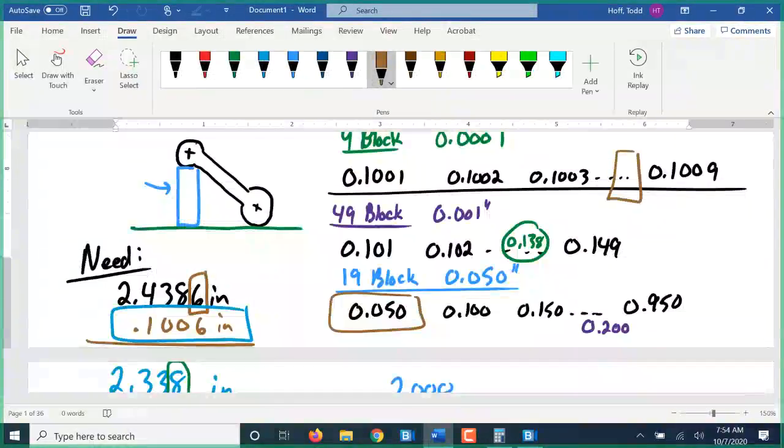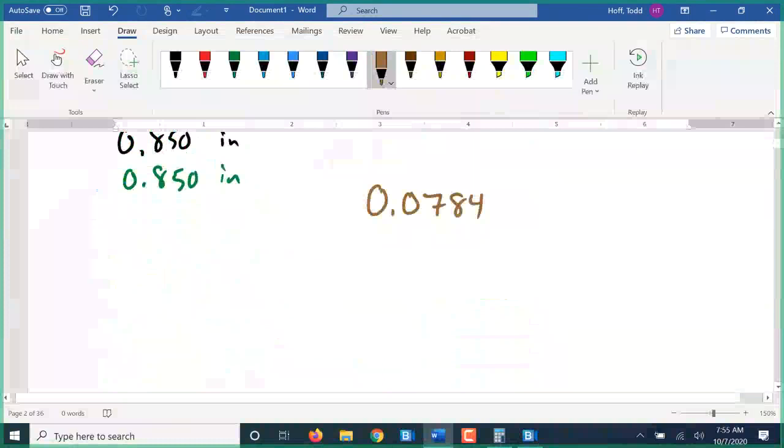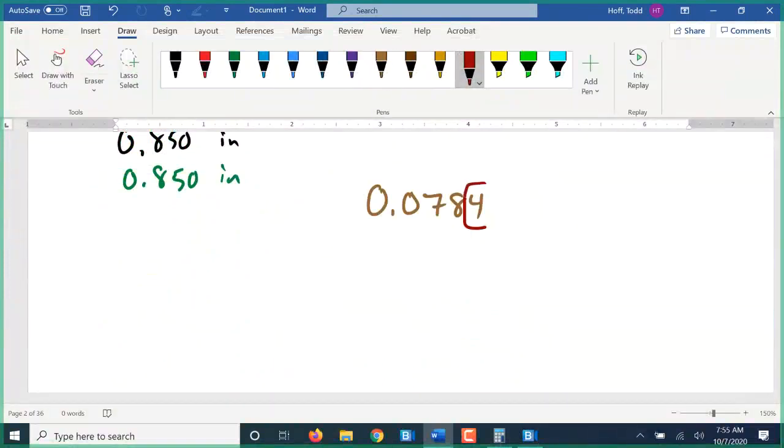We could do the 50 thousandths out of that, but there is no way to get the 4/10ths or the 4/10,000ths without having a tenth with it. That's the only block we have that has the 4/10ths in it.